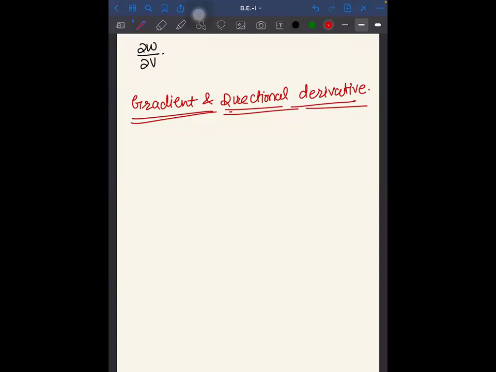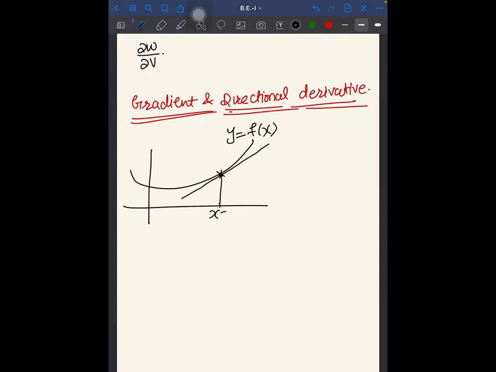So we know that, let's say you have a curve and you want to find out the derivative at this point. Let's say you want to find out at x is equal to x naught.